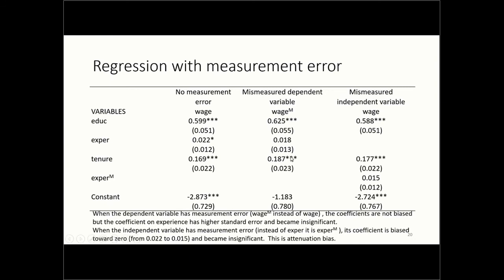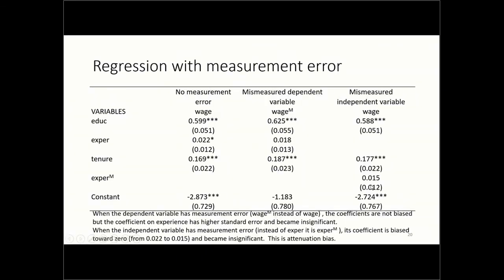Now, on the other hand, what if experience is mismeasured as experience M? So instead of this model here, we have this model here where we have now the coefficient on the mismeasured experience. So again, this is when I actually rounded up to the next 10 years for experience. So what if we actually had mismeasured data like this? What if we use this variable instead of the original variable here? Well, let's compare the coefficient here on experience with the coefficient here on experience mismeasured.